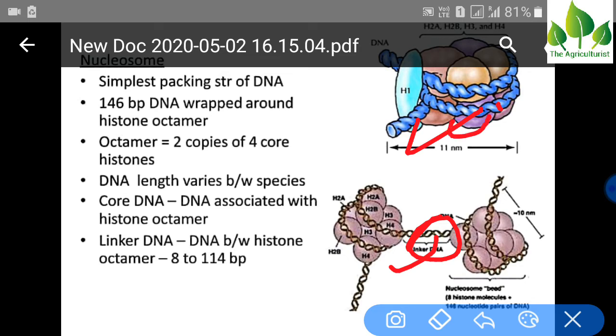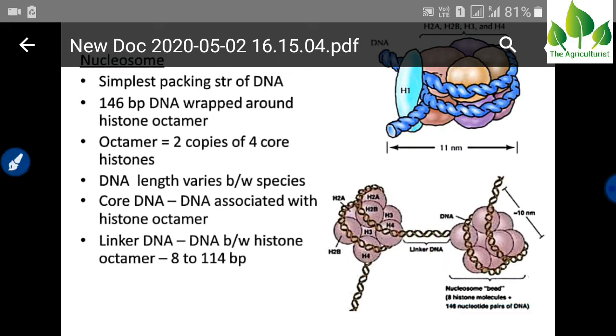So this is known as core DNA, which binds the histone octamer, and the linker DNA is between the two histone octamers. Okay.